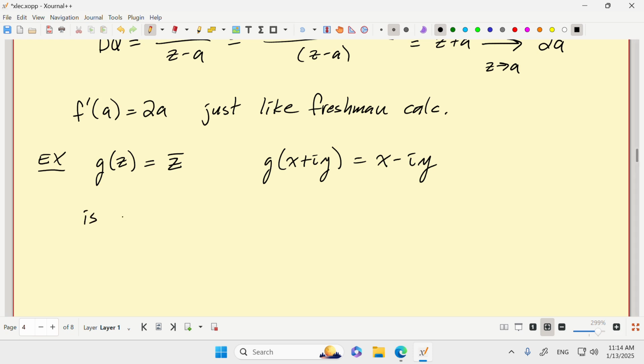So, and I'll explain that more in the next few days, it is not complex differentiable. So even though everything is smooth, x and y are very smooth things, it looks like it ought to be infinitely differentiable, but it's not differentiable in this new complex sense. Okay, so something interesting is happening, and we'll have to think about it harder.